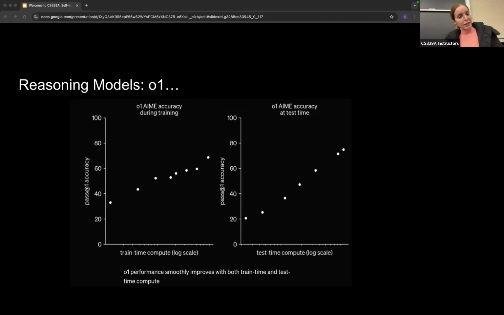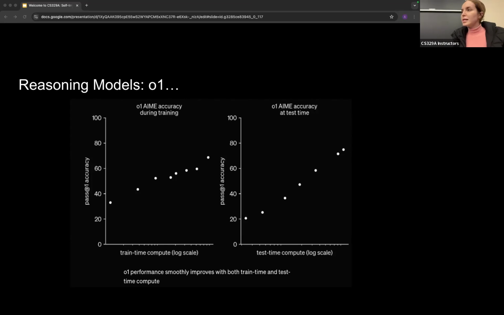And in September of last year, the O1 reasoning models came out. So this is an interesting graph by OpenAI that showed, as we have train time compute, we know the scaling laws, and we know this log-linear relationship between the accuracy in certain downstream tasks and the train compute.